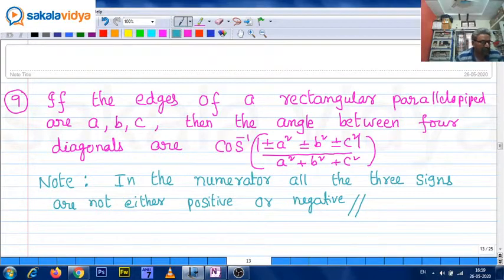If you put a equals b equals c equals a, you get a square minus a square minus a square by a square plus a square plus a square. You will be getting cos inverse of 1 by 3. That is a very important problem. You might have solved it as an LAQ in the board examination also. So we will write it now.